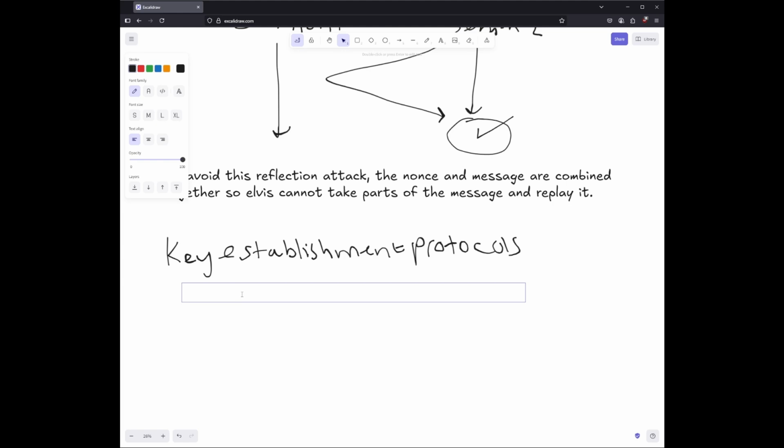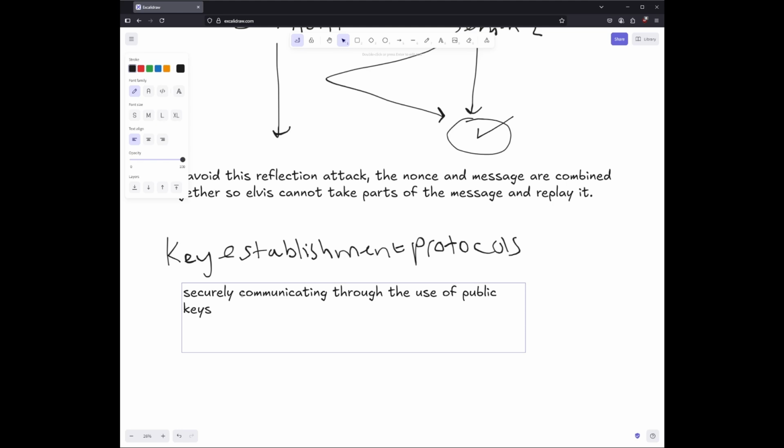The first way is by securely communicating through the use of public keys. That's going back to asymmetric encryption. This works because only one party will have the private key, whereas everyone else can encrypt using the public key, so no one else can decrypt the messages between the parties.